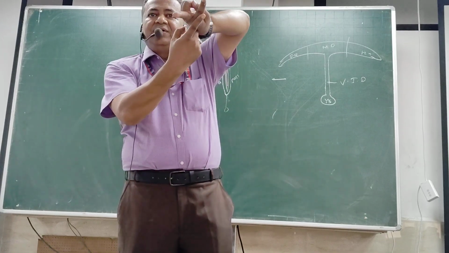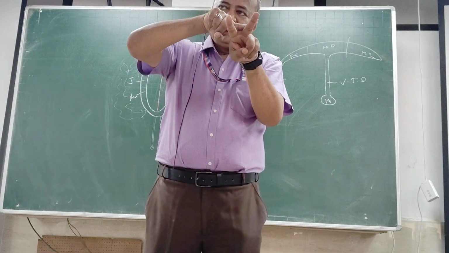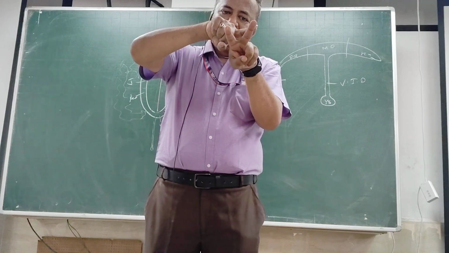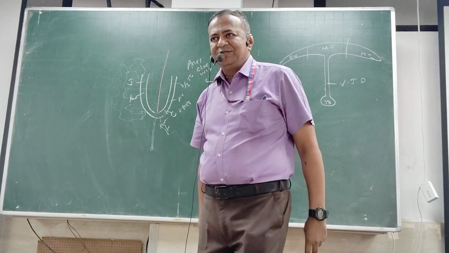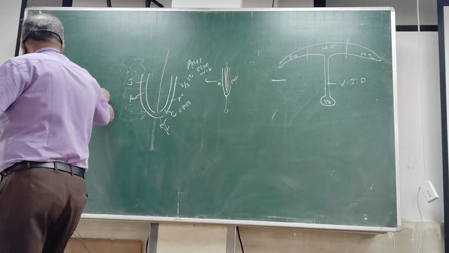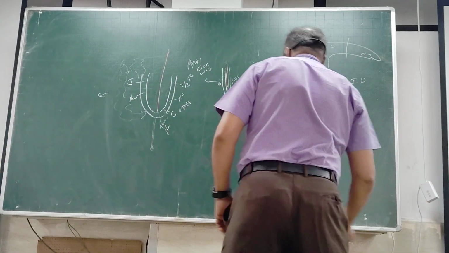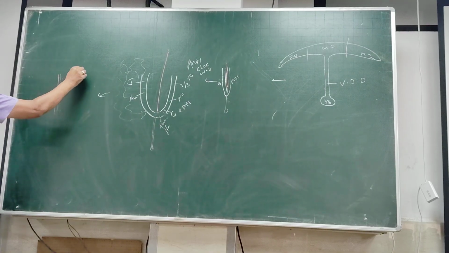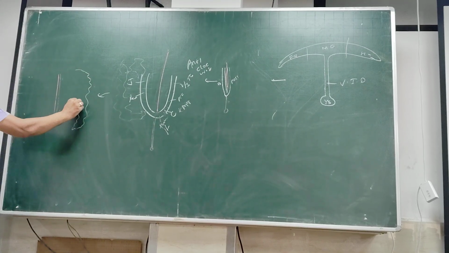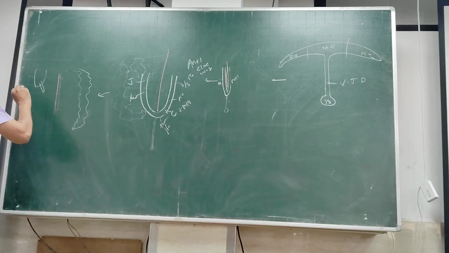While coming in it undergoes 180 degree rotation. Okay, 180 degree rotation, and the post-arterial segment also undergoes another 180 degree rotation. So the next thing that happens is that this jejunum and ileum now come to this side, and the cecum and appendix come to lie on this side.